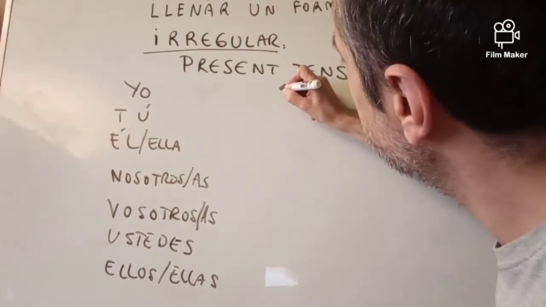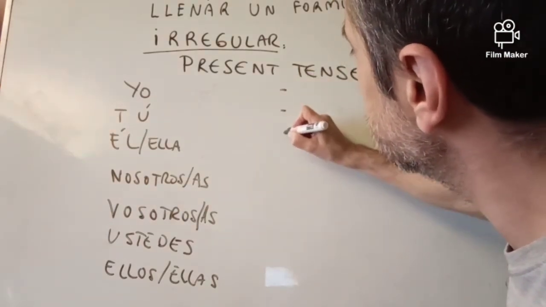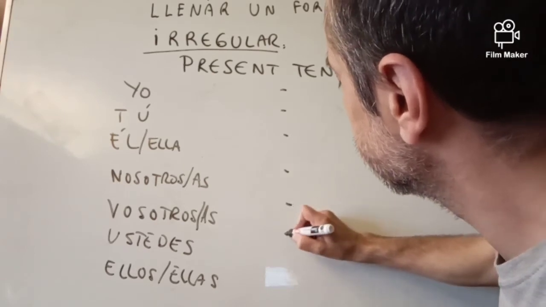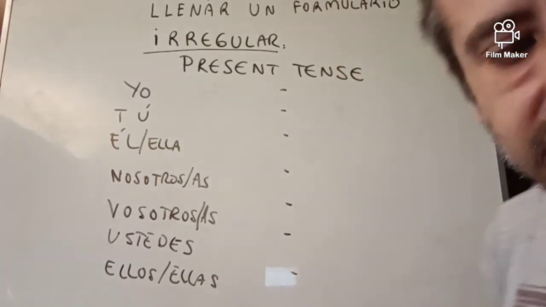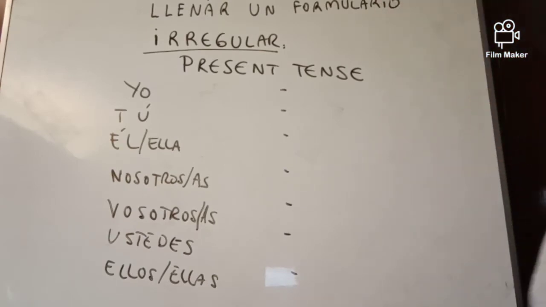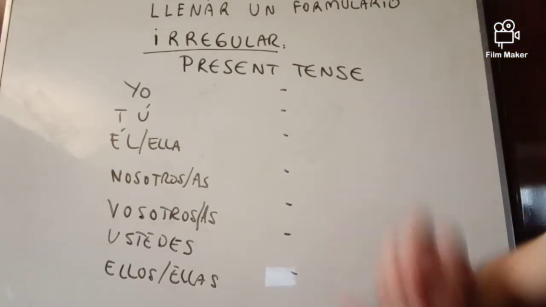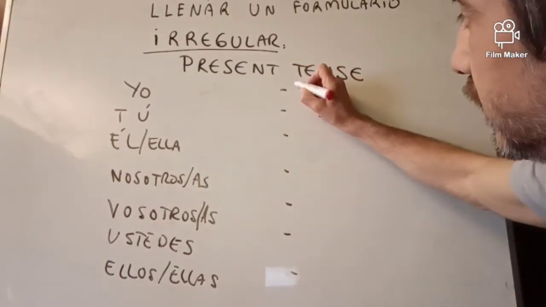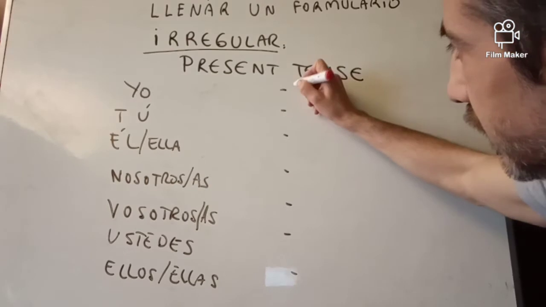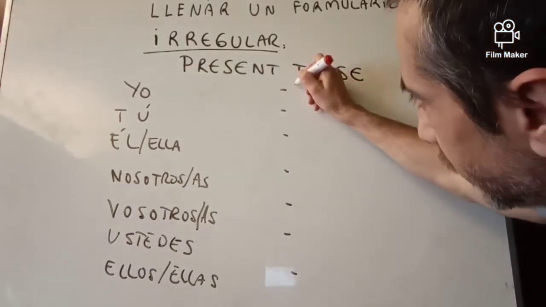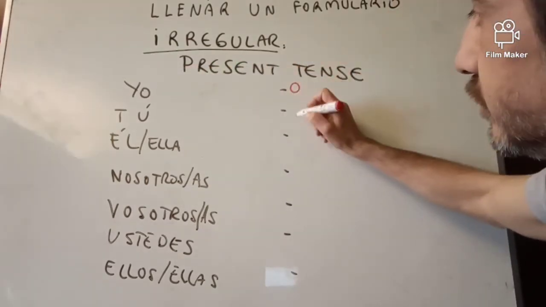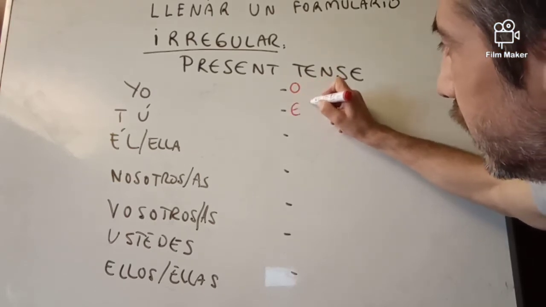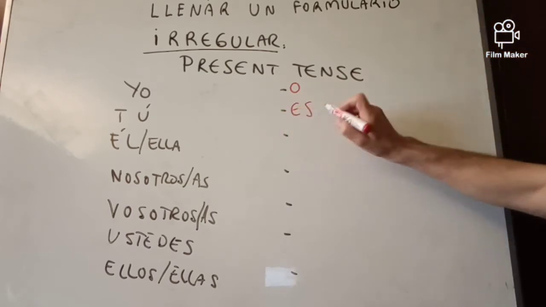Let's see if you remember the endings for each pronoun. I'm going to write it in red. In the case of the first personal pronoun, in the present, o. In the case of the second one, es.